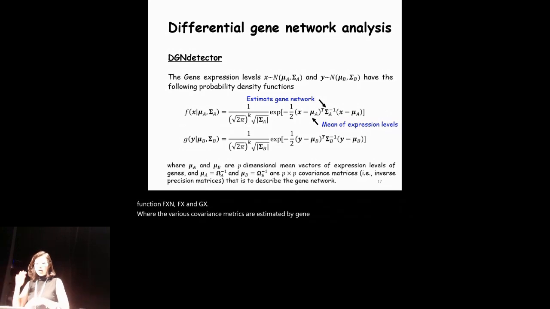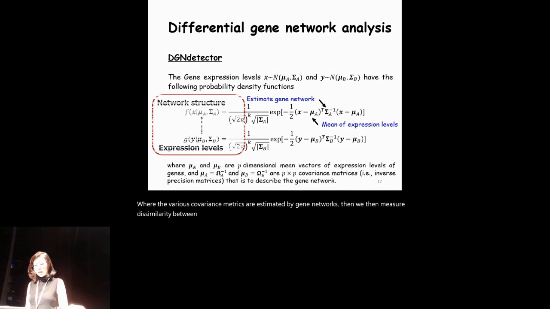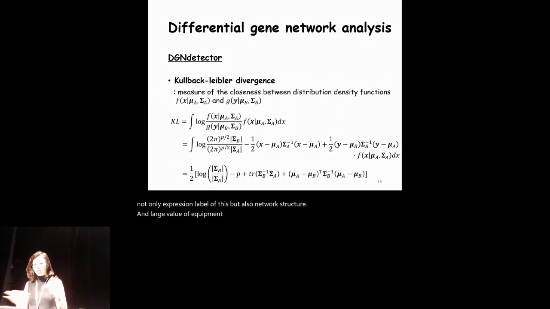Then we measure dissimilarity between the networks based on closeness between these two probability density functions, like that. It means in our study, the dissimilarity of gene networks was measured by not only the expression level of genes, but also network structure. And a large value of Kullback-Leibler divergence indicates that the two gene networks show different molecular interplay.